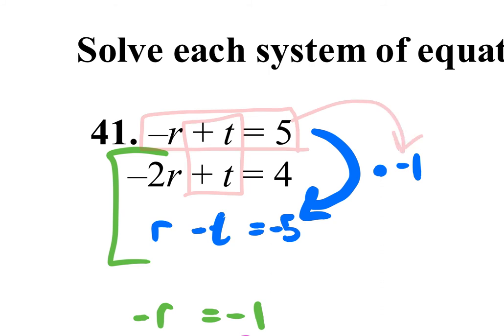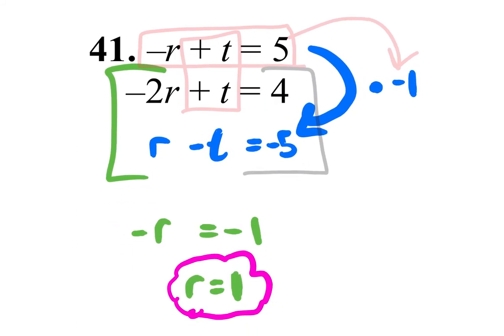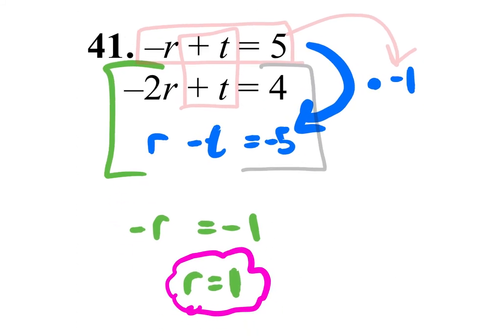And what that did is it allowed for when I go to add these equations up now, the top equation turned into this right here, r minus t equals -5.